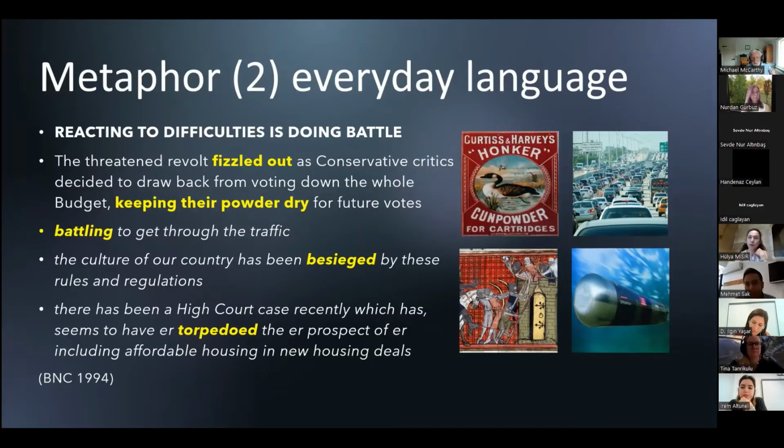So in this case, the speaker and the writers have taken vocabulary from the domain of war and battle and put it into different contexts: political debate, traffic, culture, and the law, the High Court. So there are three different areas of our lives, but the same conceptual organization is governing or controlling the discourse. So indeed, metaphor seems to be there in everyday life. We don't have to go to literature to look for it.